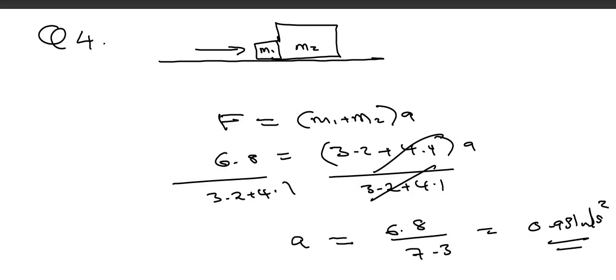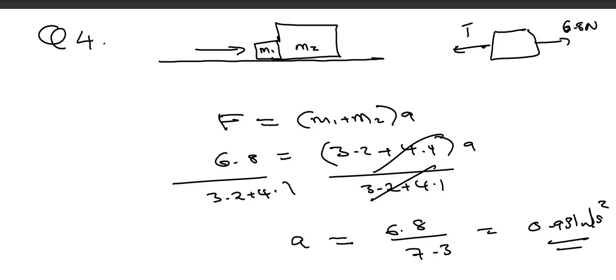Now, if this is the acceleration that they are both moving with, there's a tension that is pulling this guy here. There's a tension in between here. So we're just saying for the box to move at this acceleration, we'll take the second box for instance. For it to move, it's being pushed by 6.8, right? And it's moving with this acceleration, but it's pulling the other guy.